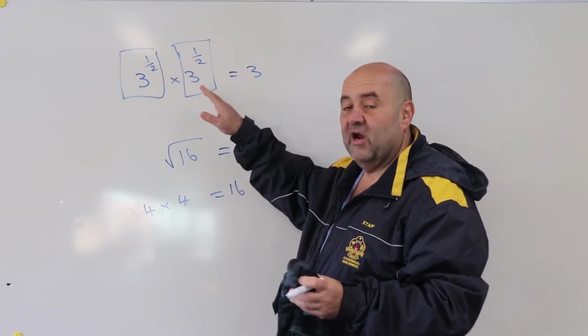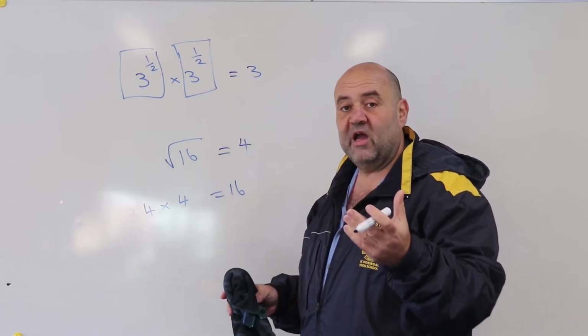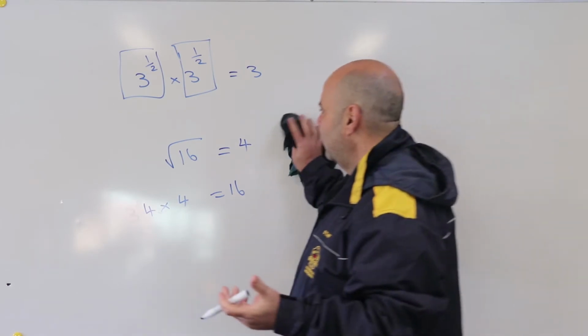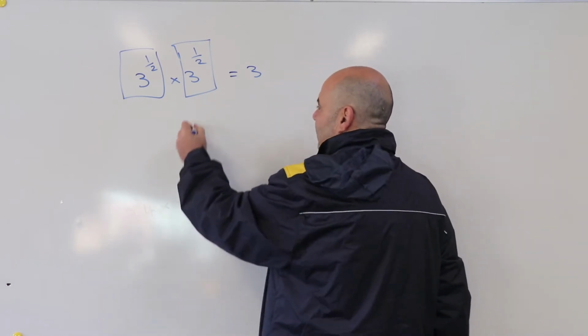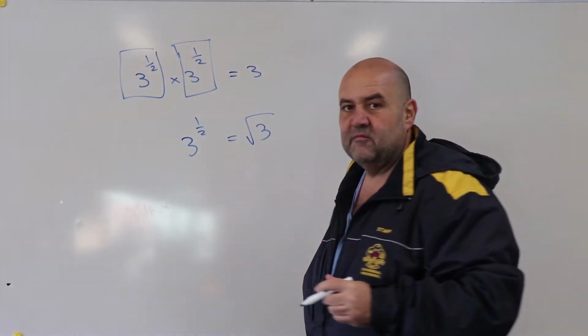That means that 3 to the power of a half is the square root of 3. Well, we can write that. We can say that 3 to the power of a half equals the square root of 3.